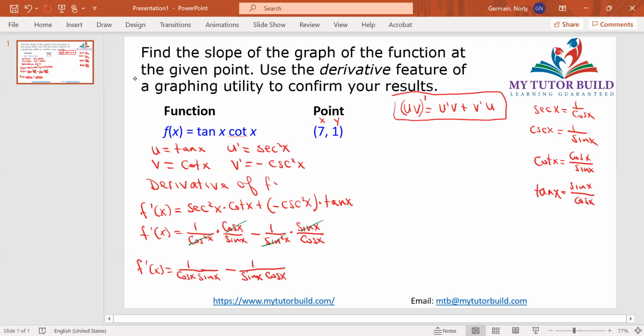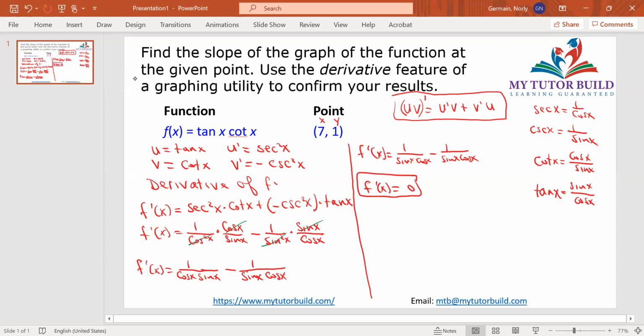You can write it this way: f prime of x equals 1 over sine x cos x minus 1 over sine x cos x. So is that 1 minus 1, or 2 minus 2, 3 minus 3? The derivative is simply 0.